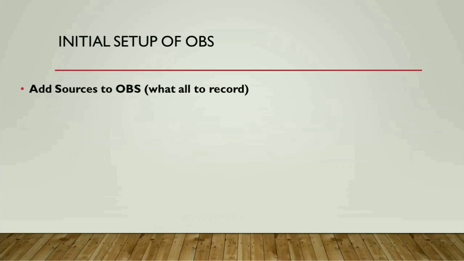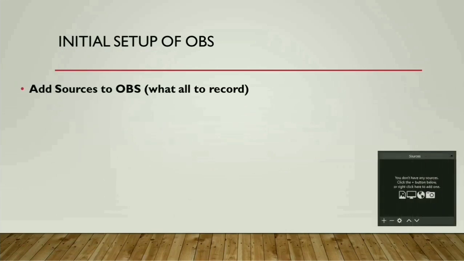Now let's see how to add the sources in OBS for the recording. When you open the OBS user interface, you will get the sources window in the user interface, which appears in this slide. It consists of five buttons at the bottom: plus, minus, properties, move up, move down. Plus is used to add sources in the sources window.